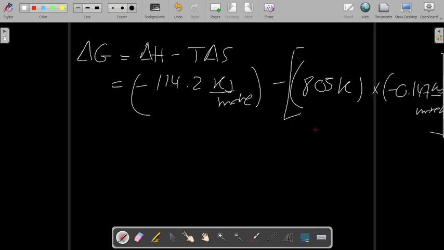Okay, sorry, it doesn't finish very well, but it is what it is. So you come up with 4 kilojoules per mole.